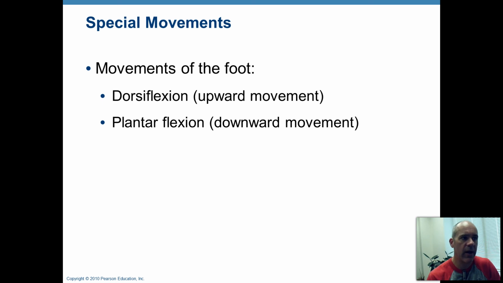All right, some special terminology in the foot. If you think about your foot like this, if you raise your foot like this at the ankle, that's called dorsiflexion. This is actually the dorsum of the foot. The top part of the foot is the dorsum. So if you bring the top of the foot upward, that's called dorsiflexion. Remember, plantar, referring to the sole of the foot.